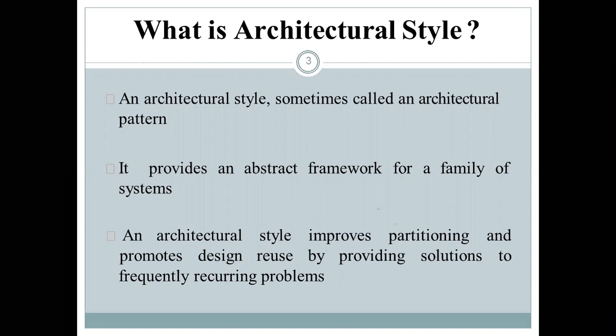There are several design patterns, and through them it provides a solution to those problems. Frequently recurring problems arise when we design any architecture for any system. For that it provides some techniques, some design patterns, to provide the solution to those problems. So this is the architectural style.